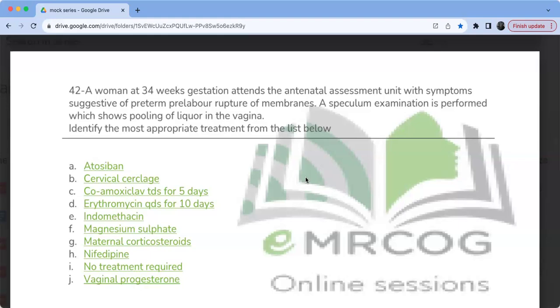She is 34 weeks and we have pooling of liquor in the vagina. What shall I do now? Antibiotic. So erythromycin 250 four times per day. This is the most important one at that moment, right?